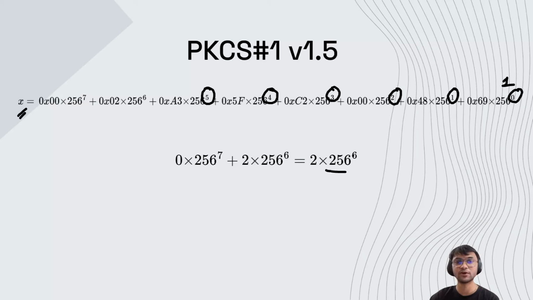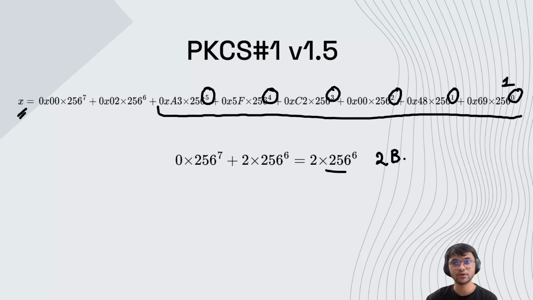For simplicity, let's call this number B, as many conventions call it. So we'll say that the upper bound of the string S can never cross 2B, because the value that is added after this is always less than 256 raised to the power 6, because the powers are less.